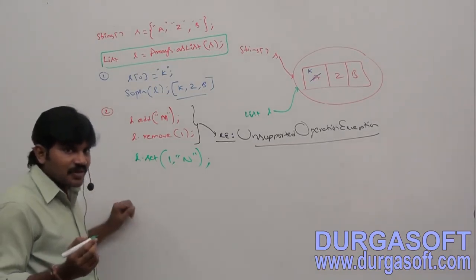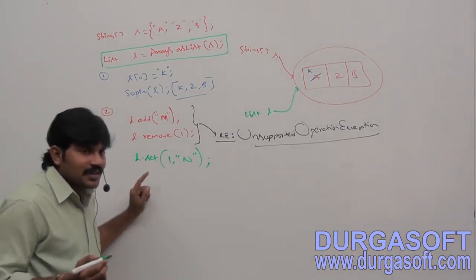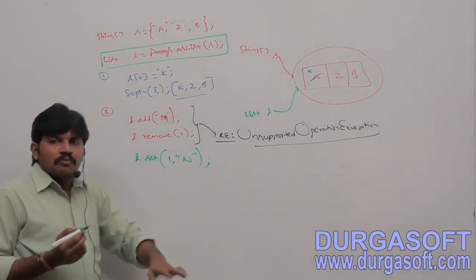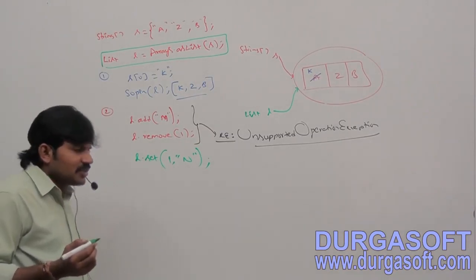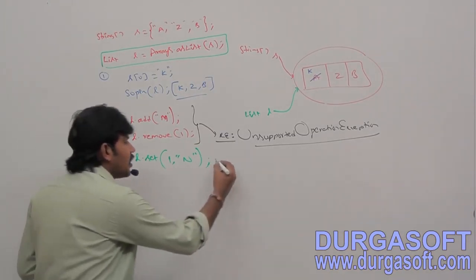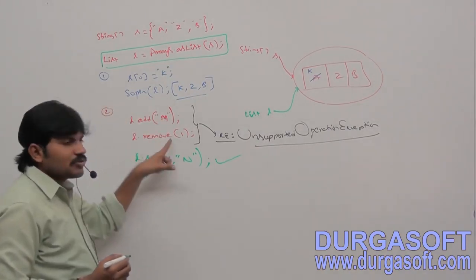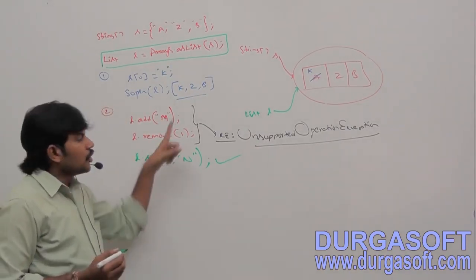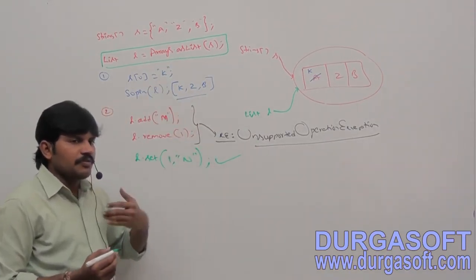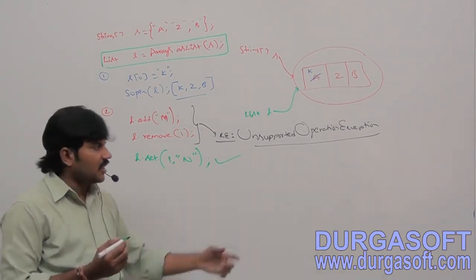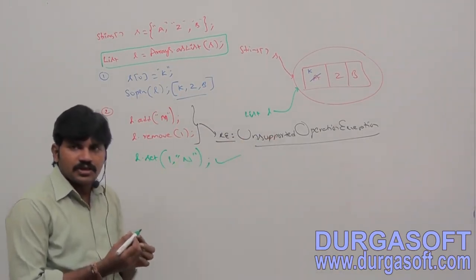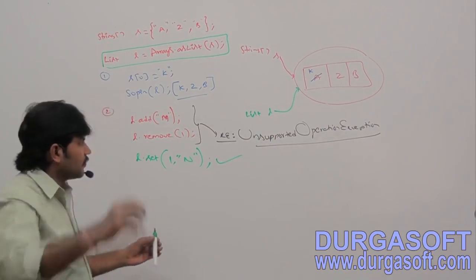What is the purpose of the set method? Replacement. Because of replacement, is there any change in the size? No, that's why this operation is acceptable, but these two operations you can't perform. If you try to perform any operation which increases or decreases the size, immediately we get UnsupportedOperationException. Clear, right?